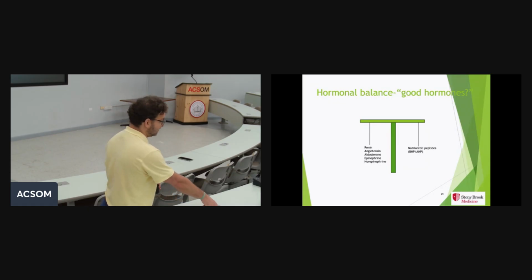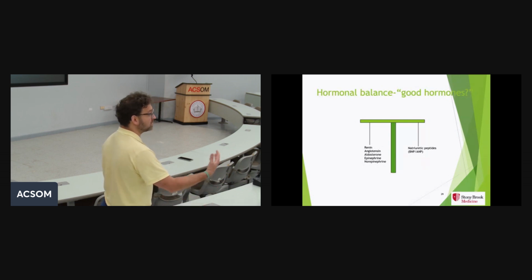No, there's not a way to target all of them at the same time, unfortunately. But this is why we use beta blockers, and we use ARBs, and we use mineralocorticoid inhibitors.